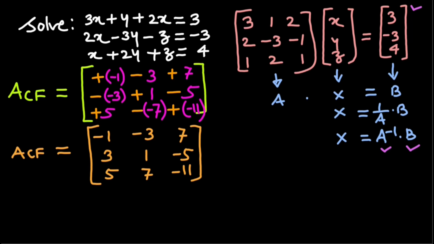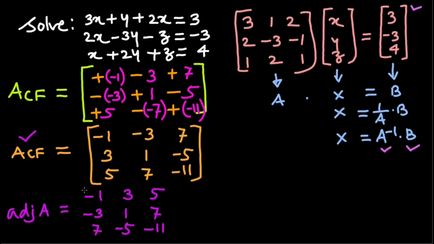Now from this cofactor matrix, we will write adjoint of A, which will be the transpose of the cofactor matrix. So that will be minus 1, 3, 5, minus 3, 1, 7, 7, minus 5, minus 11. We need the value of determinant of A, so that can be easily calculated, and it will be 8.